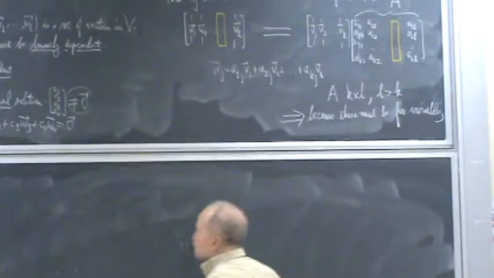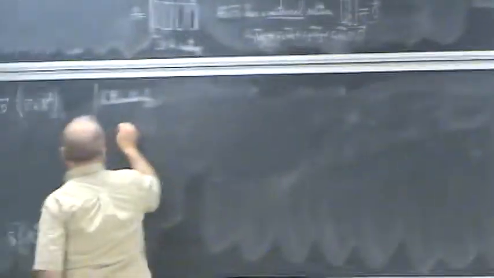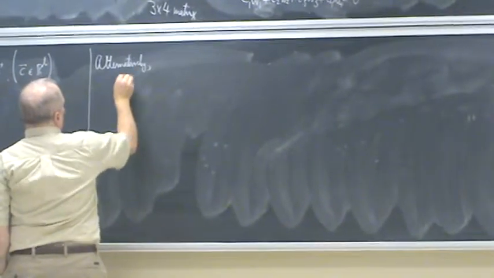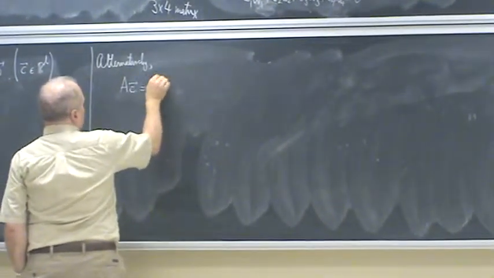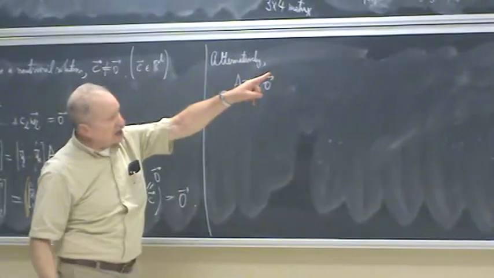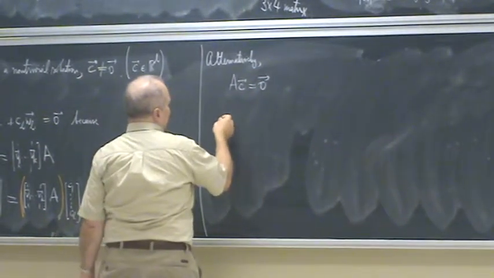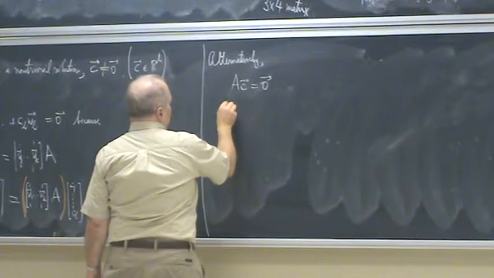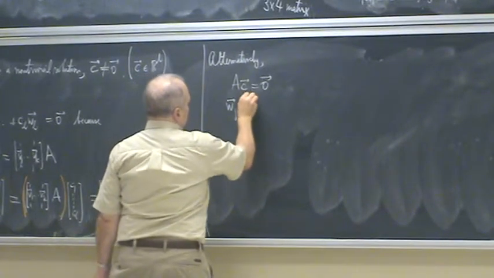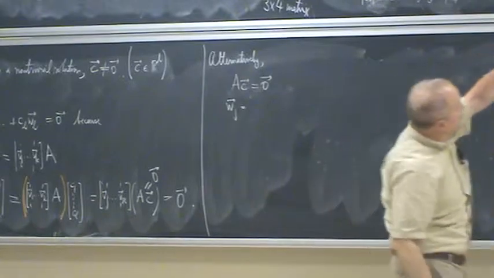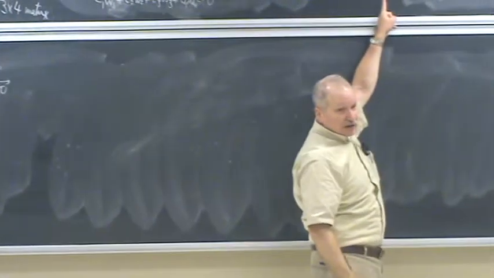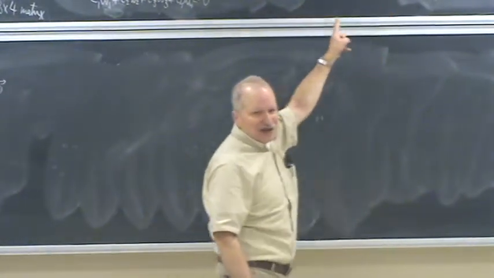I have these equations for the W's. We have A times C is 0, with that same matrix A. And then we're just going to say that each W is given as a combination of the V's, as I wrote up there. So I'm just going to write that in scary notation.